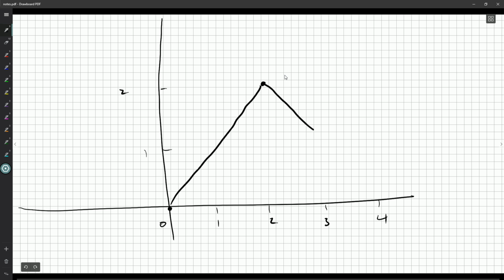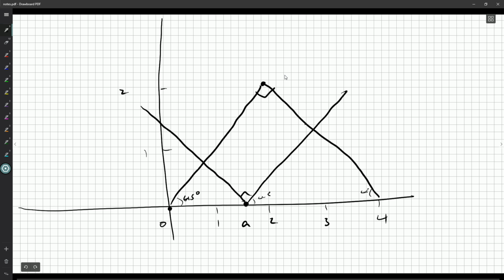So you've got a nice little triangle going up like that with 45-degree angles here. And then we have a somewhere in here. Doesn't matter where. But again, you get a bunch of 45s, you get a 90 here, so you'll get some 90s here as well.